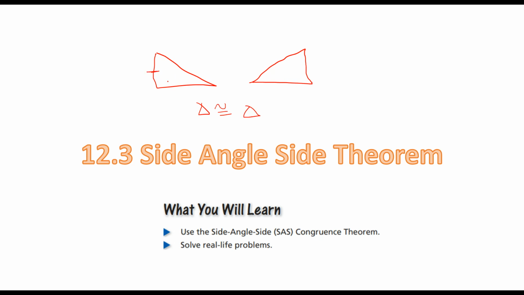That means if I have a side touching an angle and that angle is shared by the next side, and that matches with another triangle's corresponding side touching an angle touching another side, excuse my sloppy drawing. So all we need, that is all the criteria we need, because this last side will end up matching up because of the width of the angle.